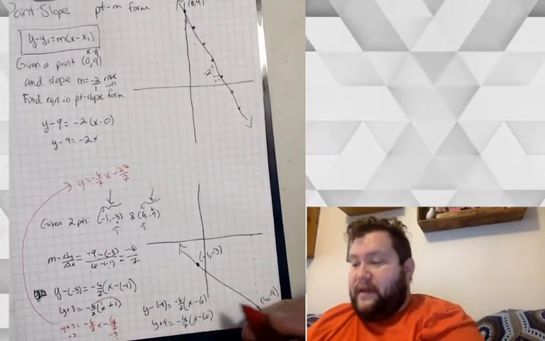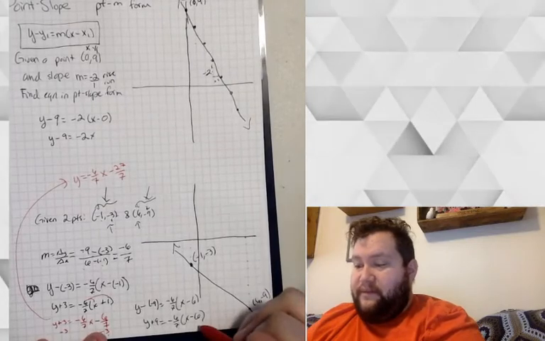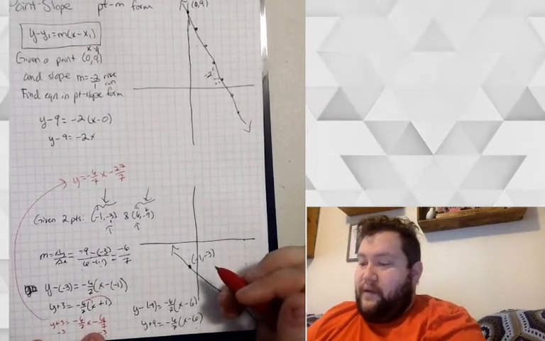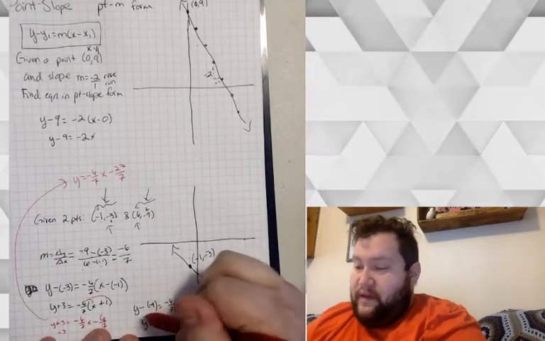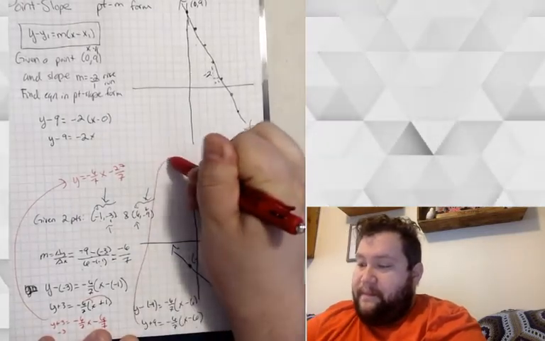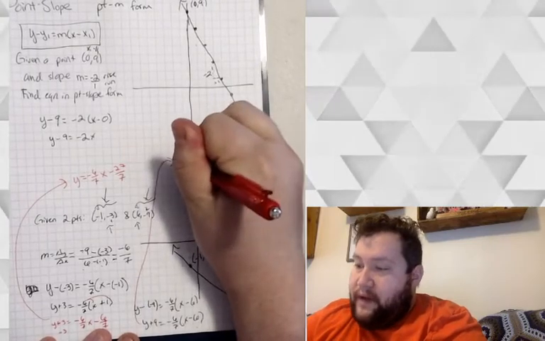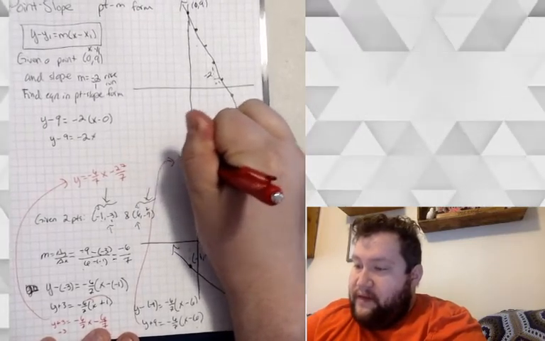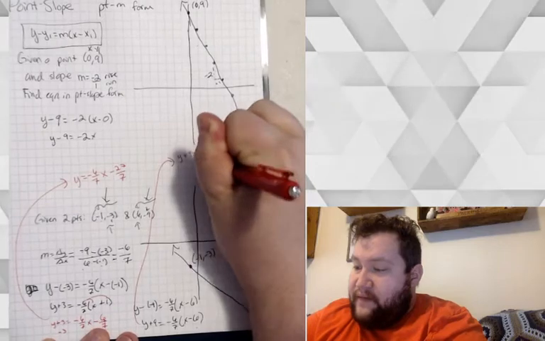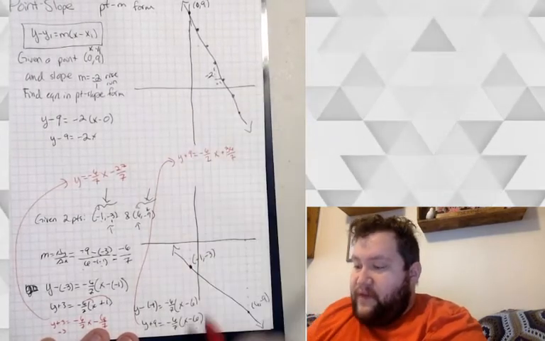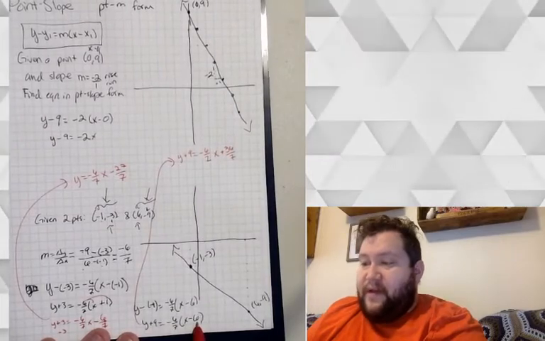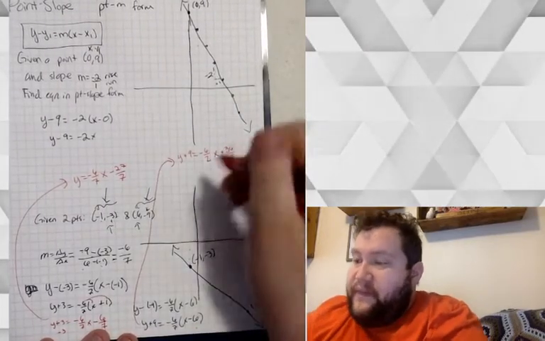And then let's go ahead and look at this one here. What we end up having is, I'm going to bring it up here if that's okay. y plus 9 equals negative 6/7 x plus 36/7. Right? Negative 6 times negative 6 is positive 36/7.